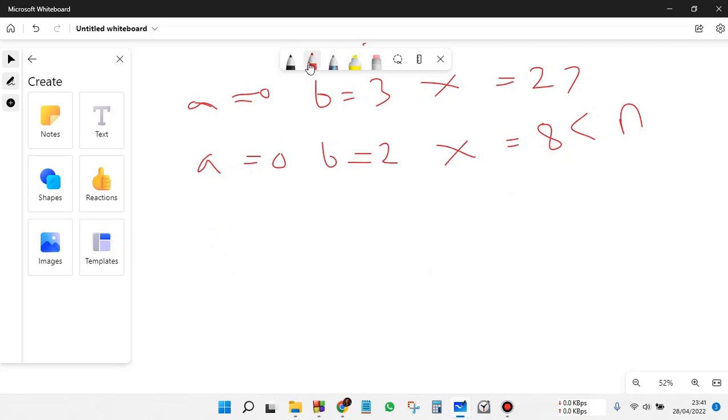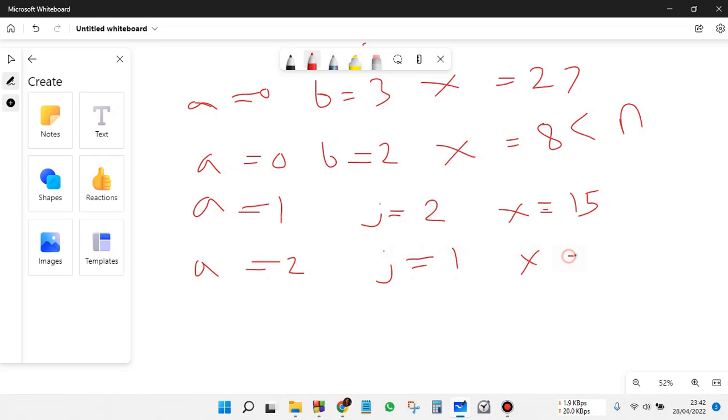Now a is equal to 1, j is equal to 2. We find that the x function value is 15, and a is equal to 2, j is equal to 1. It is also 15. Here a value is increasing and j value is decreasing.